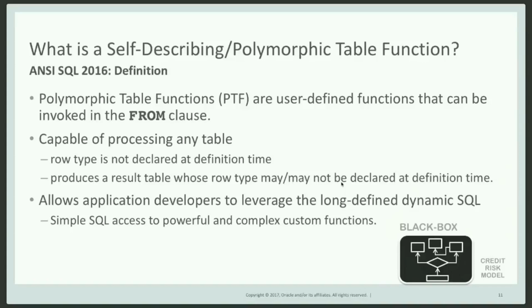You might pass in customers to determine their credit risk, and that customer table might have a certain structure. You could pass in suppliers, a supplier table, which may have a completely different structure, to that black box function and have it return a result in terms of the credit risk associated with either suppliers or customers and so on.